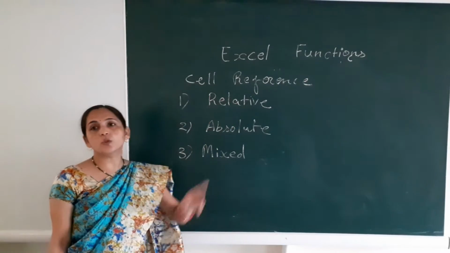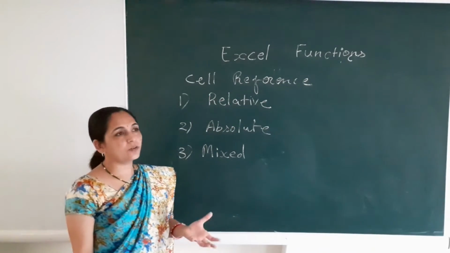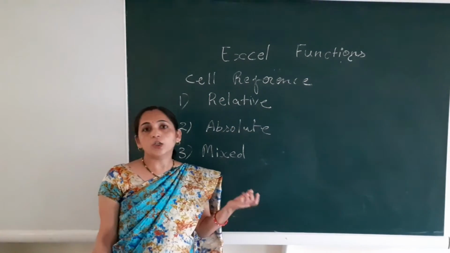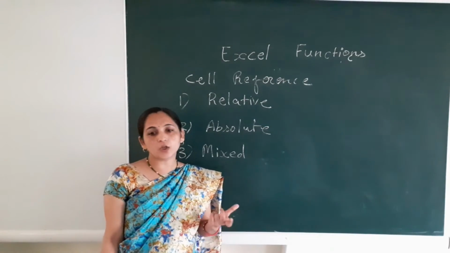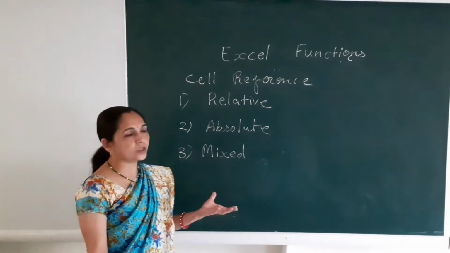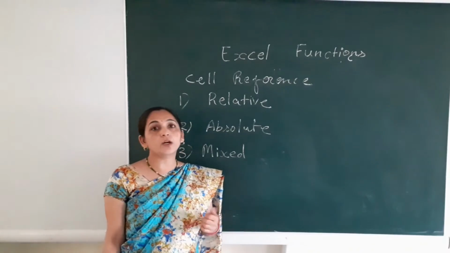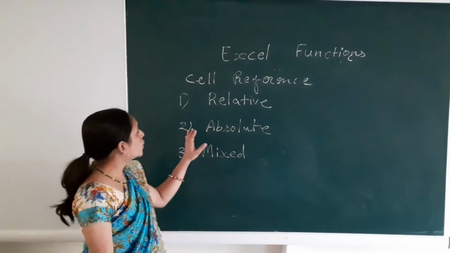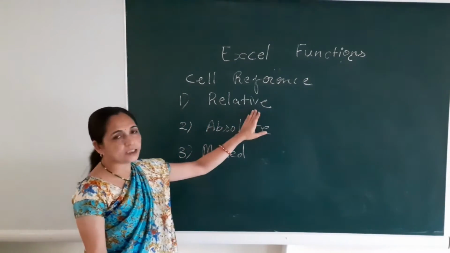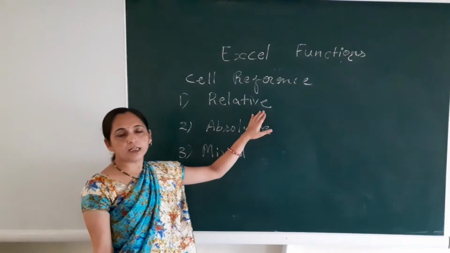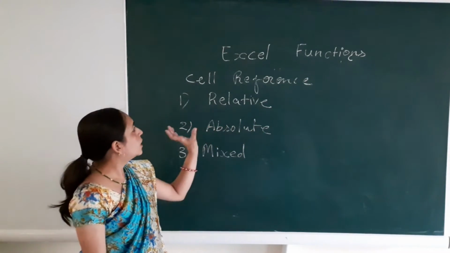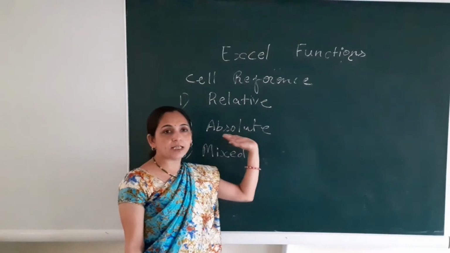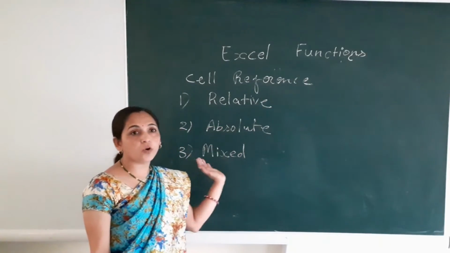Cell reference is also known as referring to the cell. When you are applying a formula, you need to mention the cells in which you have stored your data, or on which cells you are applying the formula. You use relative cell reference when you want the cell address to change according to the formula.